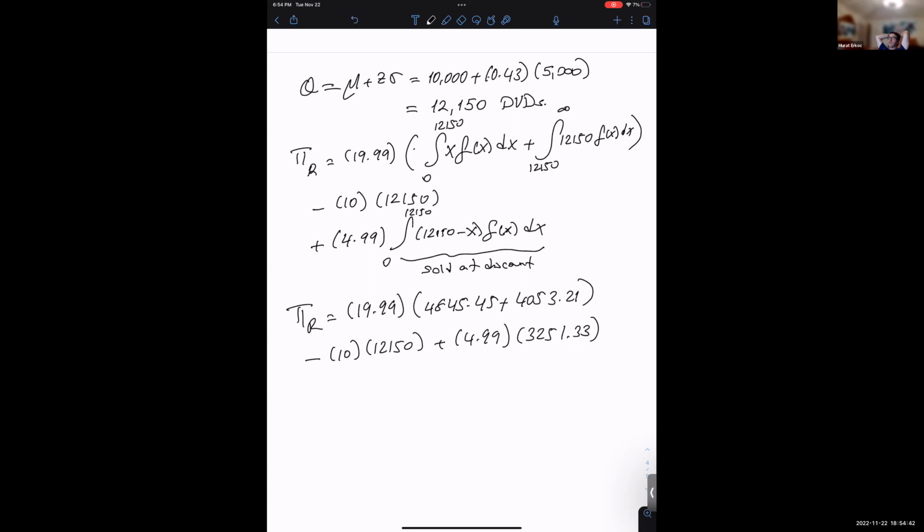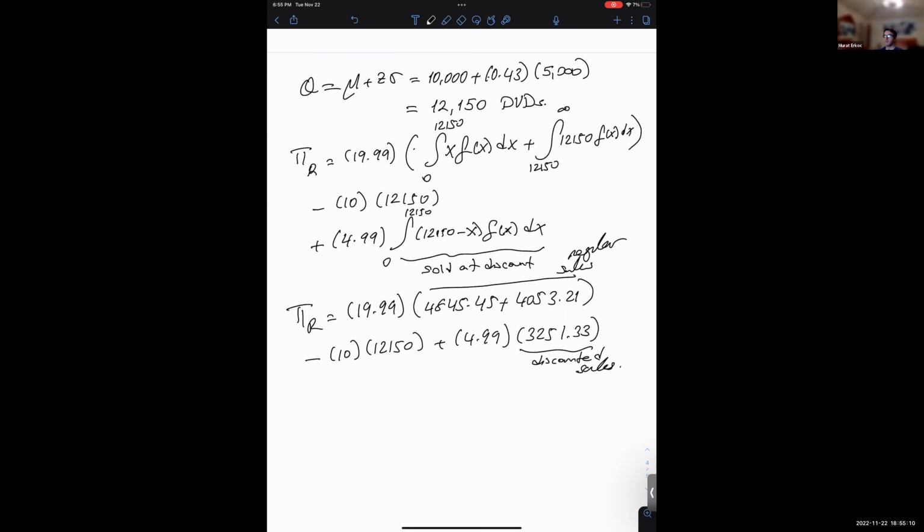So among this 12,150, about 3,000 will be salvaged. The sales amount is going to be close to 9,000. You can see from here, this is the regular sales, if you will, and this is discounted sales.